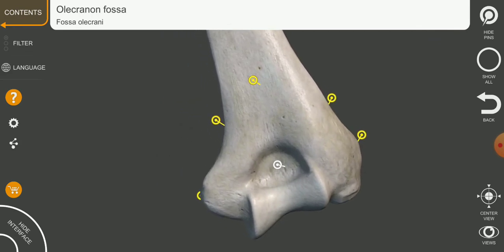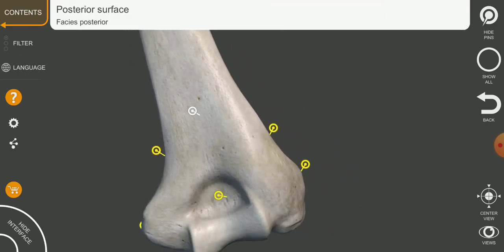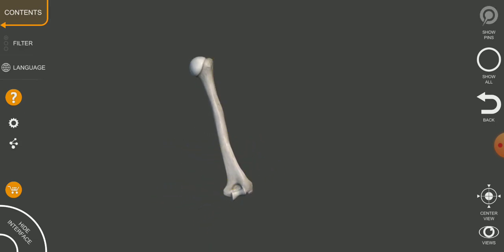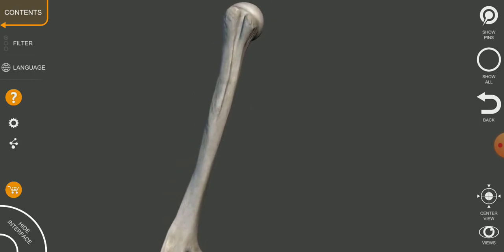So it limits the extension of our elbow joint. It prevents hyperextension of the elbow joint. And above that we have the posterior surface. So this is about the structure and anatomy of the humerus bone. Thank you.